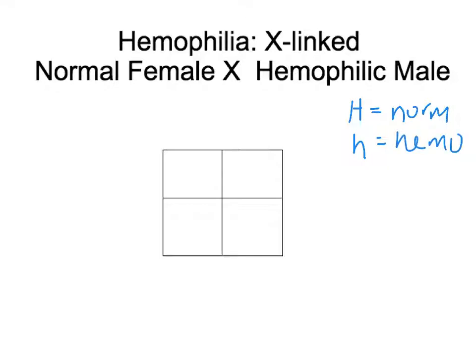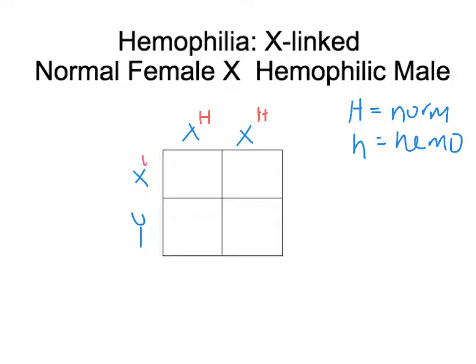If I took some individuals, mom on the top here and dad on the side, and add the letters to indicate the condition, I need a normal female, and I use uppercase letters, these dominant alleles, to represent the mother's genotype. And the father is a hemophiliac male.